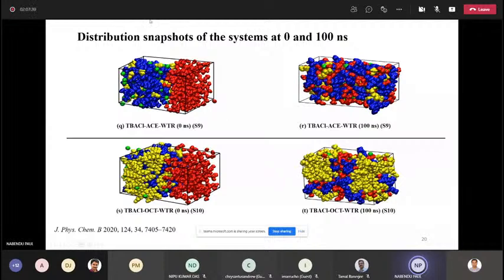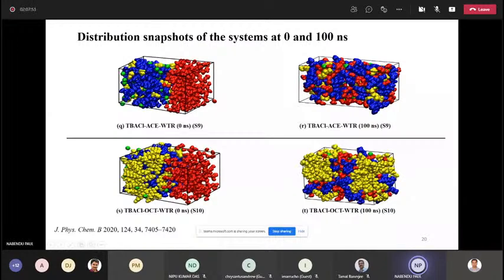Here we found that the TBA, that is the tetrabutyl ammonium cation, is also interacting with the water along with the acetic acid. In the case of DL-menthol, there was no interaction with water, but in this case all the components are interacting with water, which is completely disrupting the system.